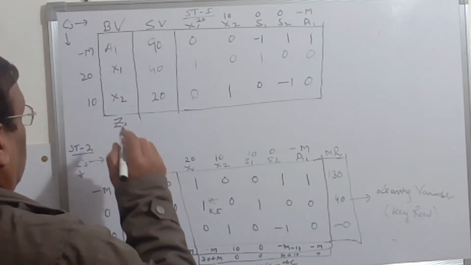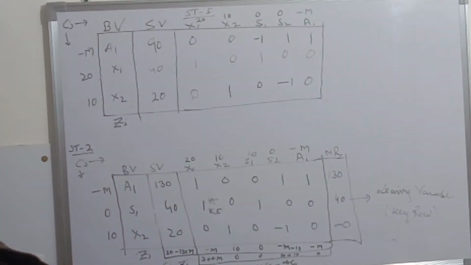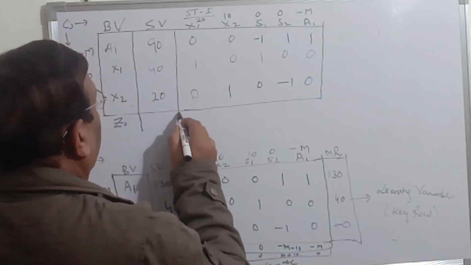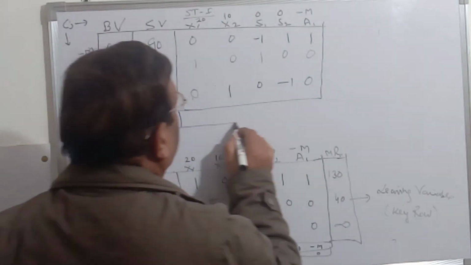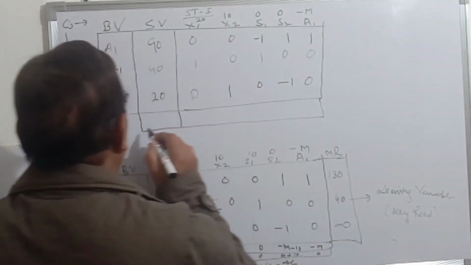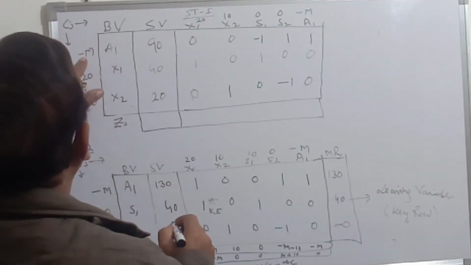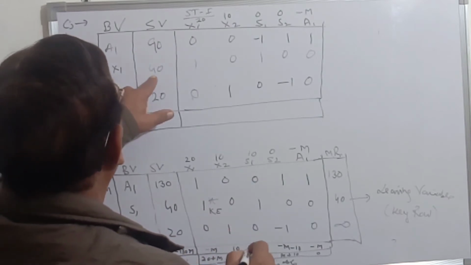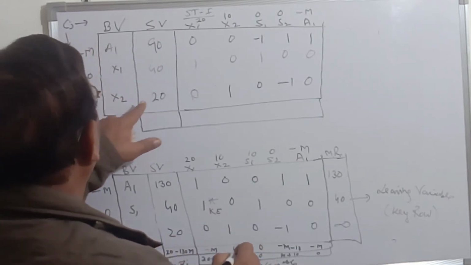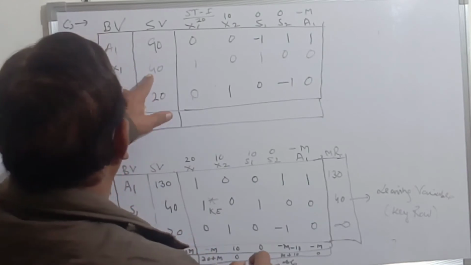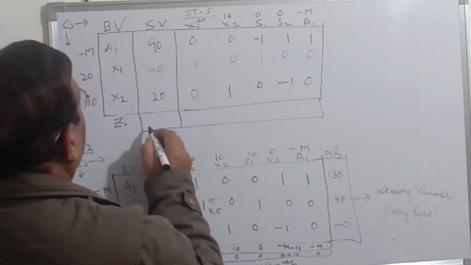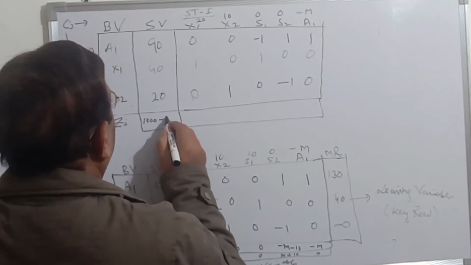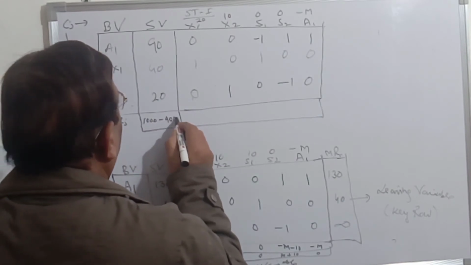Now, again, we have to calculate ZJ. Minus m into 90, 20 into 40, 800, plus 10 into 20, 200, 800 plus 200, 1000, 1000 minus 90m.